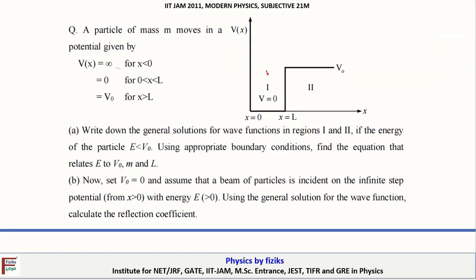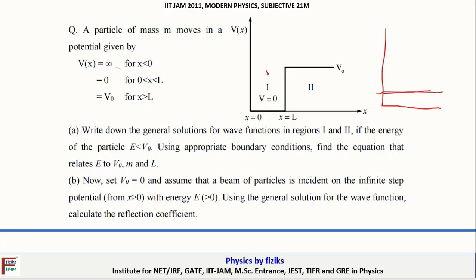Now, in part B, the question says assume V0 is equal to 0, which means the particle is coming from here, striking the infinite potential and going back. So for this, we have to determine, using the general solution, the wave incident on the infinite step potential from x greater than 0 with energy greater than V0.